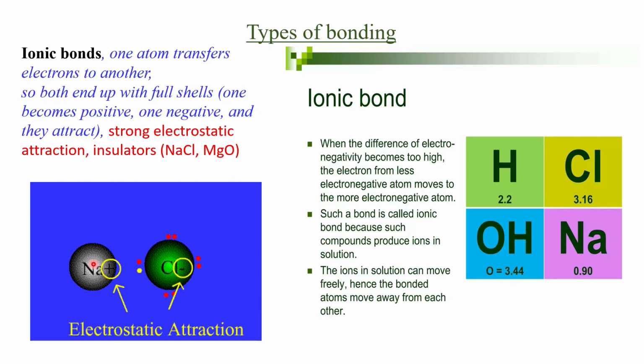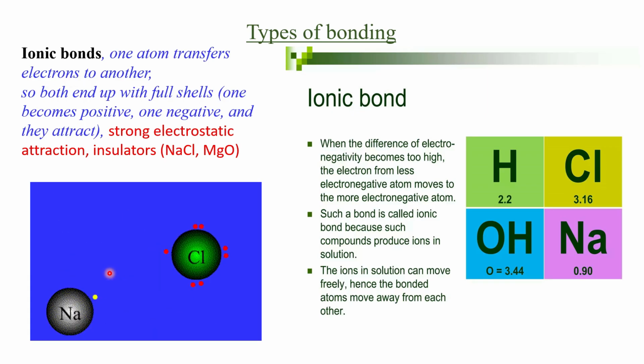Ionic bonding occurs when one atom donates electrons and another atom accepts electrons. This typically happens between metals and nonmetals with large electronegativity differences. The donor atom becomes a positive ion and the acceptor becomes a negative ion.